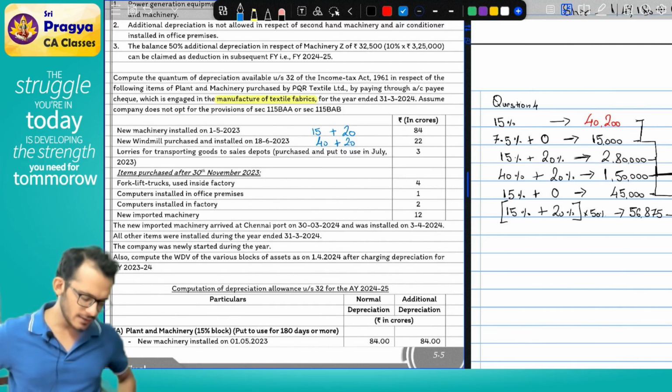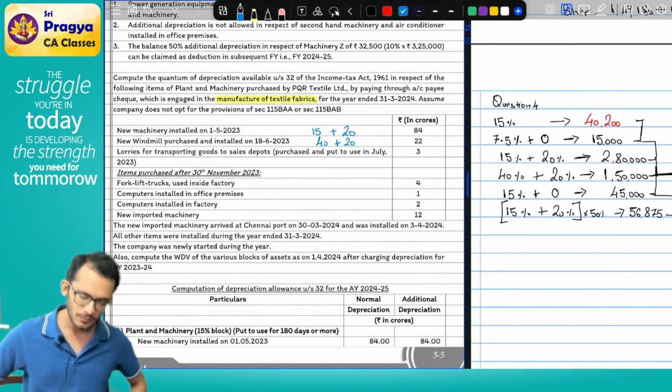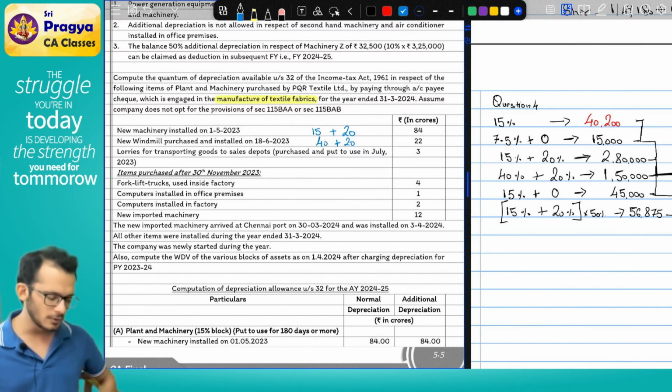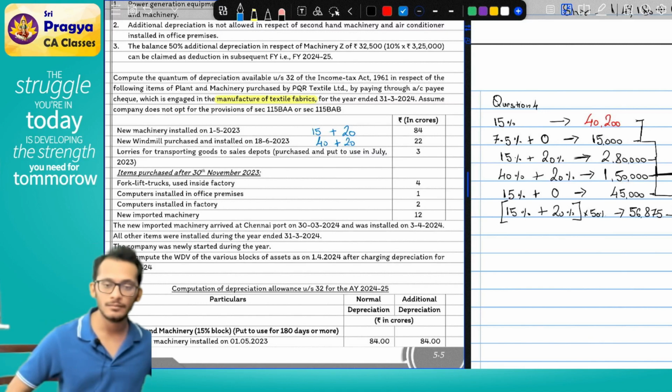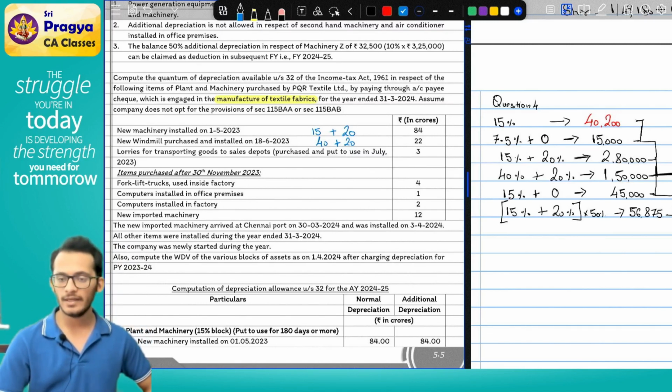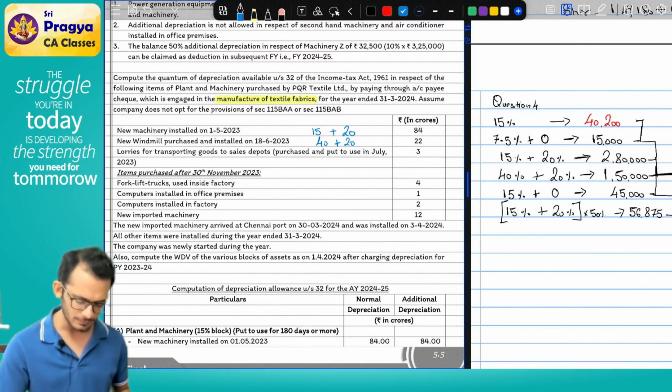Next, lorries for transporting goods to sale depot. The purchase and put to use happened in July 2023. This is a motor vehicle.